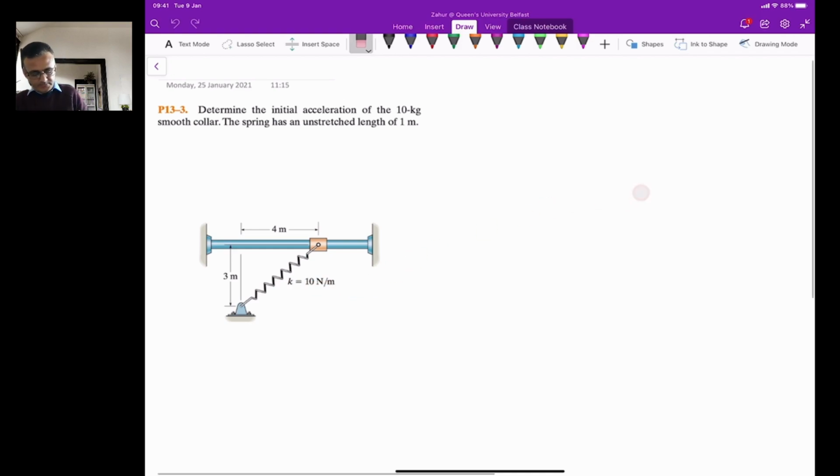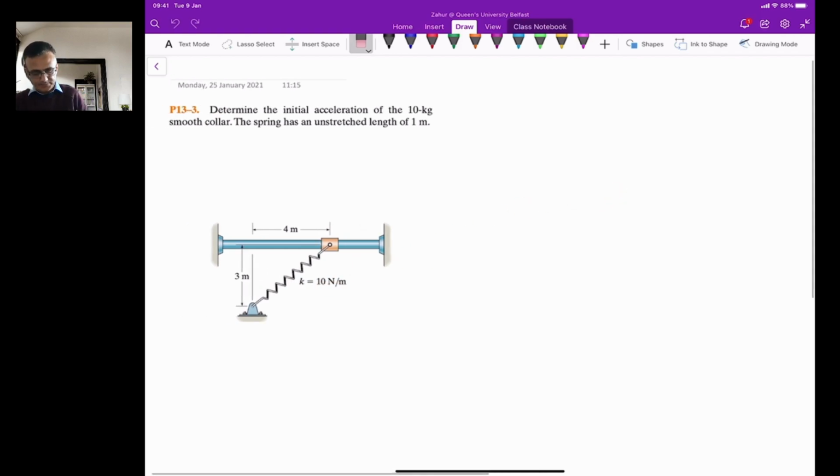So in this case, the data given is k, which is 10 Newton per meter, and the mass, which is 10 kilogram. And the spring has an unstretched length of 1 meter.